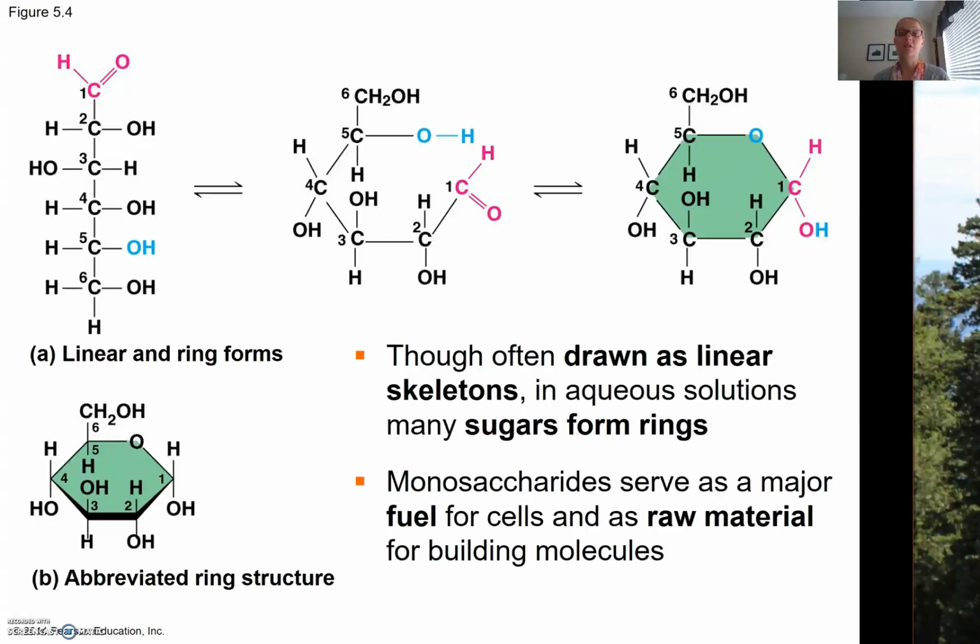It's a good start for building other things. You can modify a couple of the functional groups, maybe add some more carbons, and now you have a completely different molecule, and you didn't have to start from scratch. So while yes, monosaccharides are great as a fuel source for cells, they're also very important as a raw material for building other molecules.